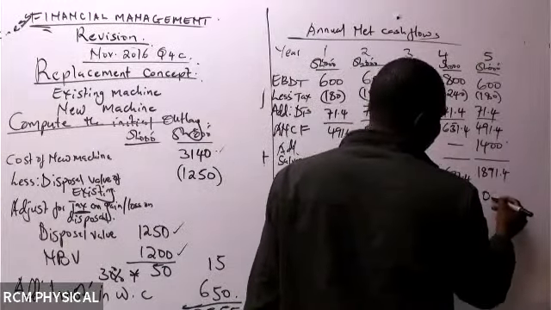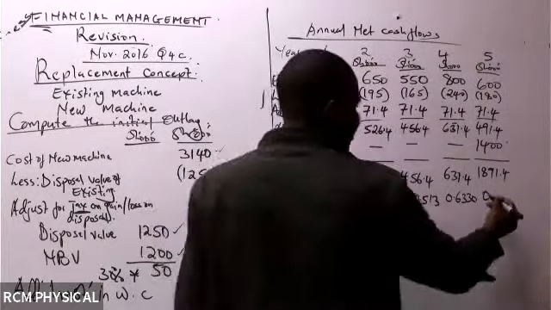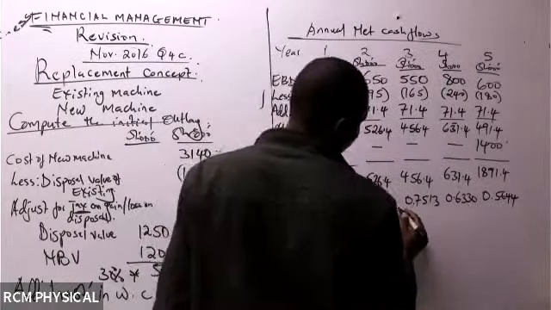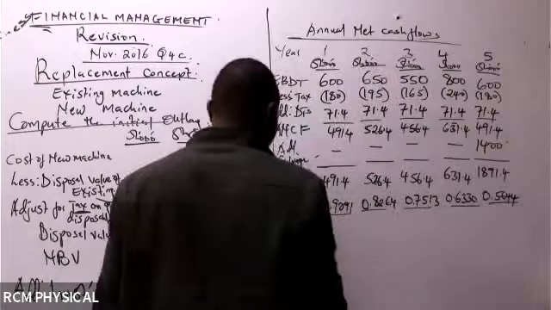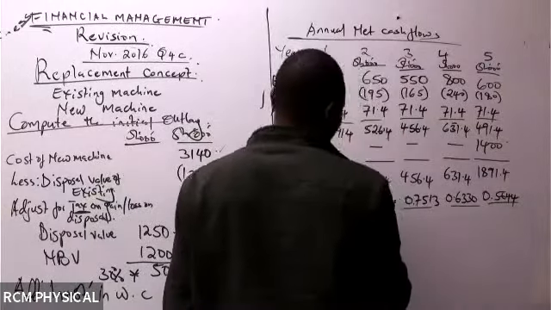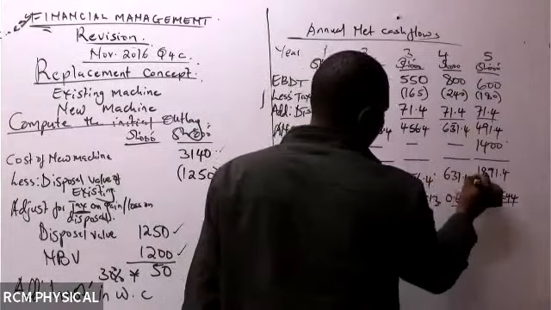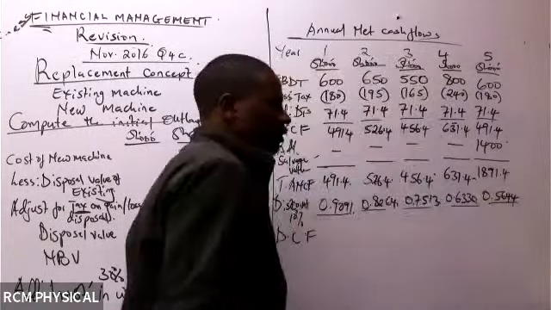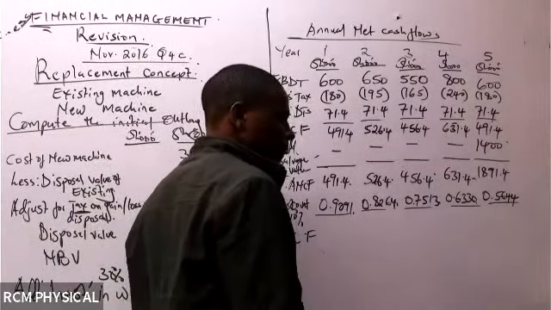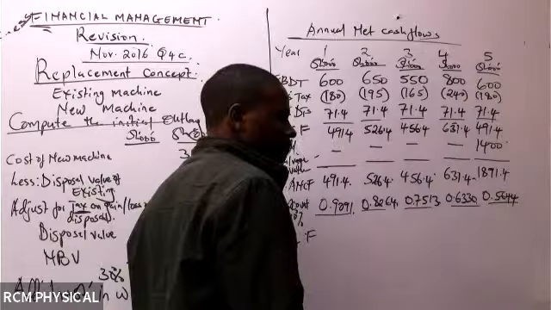Okay, no worries. And at the end 5656. And then we get the total of the discounted cash flow. Discounted cash flow. For year one, you got it.